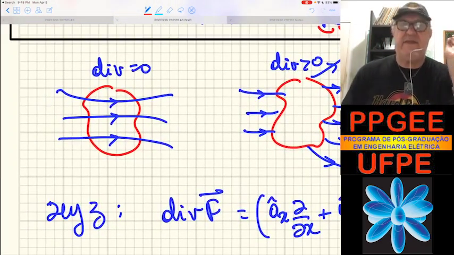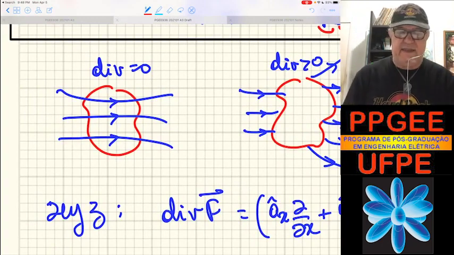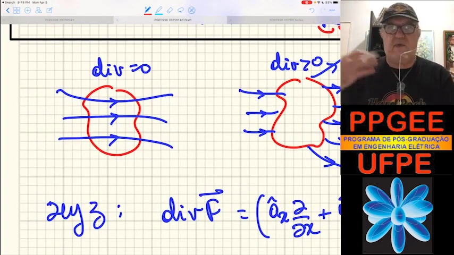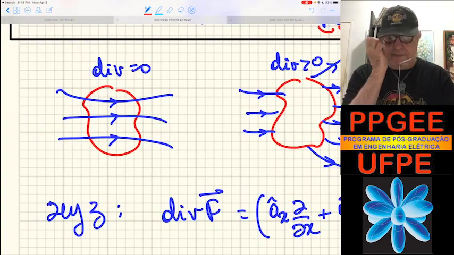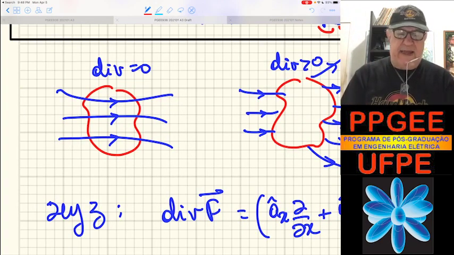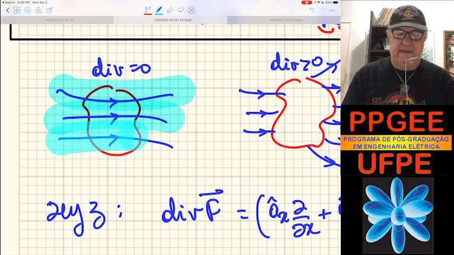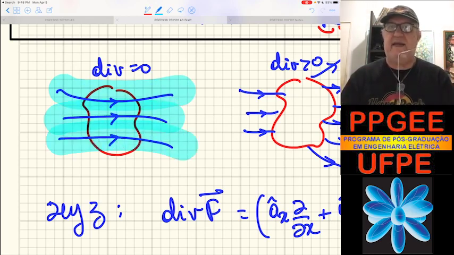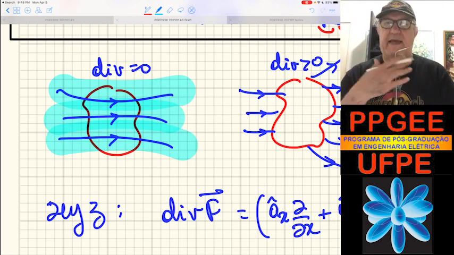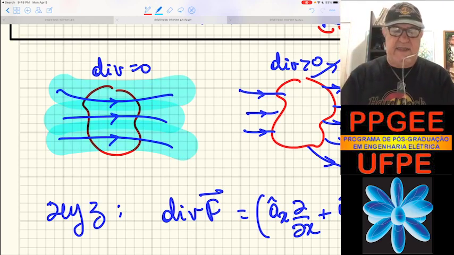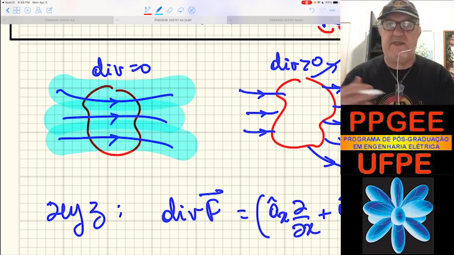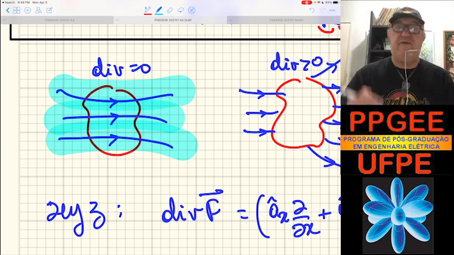Some interesting situations here. That's just a qualitative picture: a field that just passes, like this one, through a part of the space. It is not originated, not picking up, not gaining strength as it passes through a region in space. The strength is typically not changed significantly, so the field is not increasing.